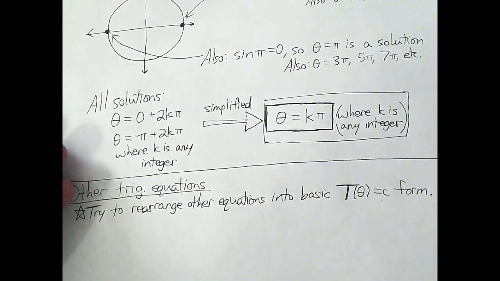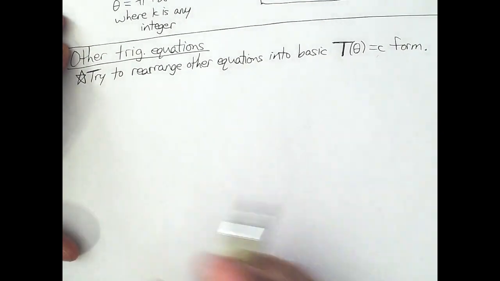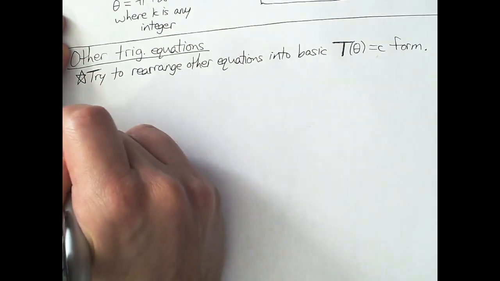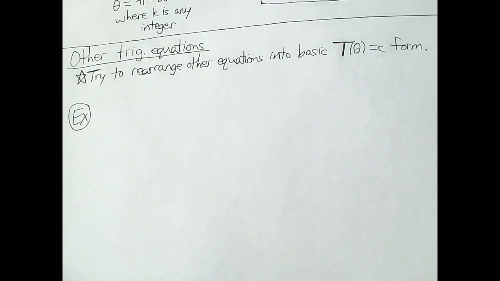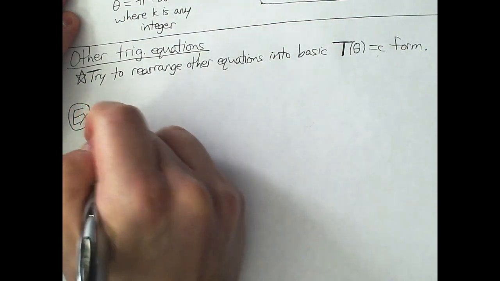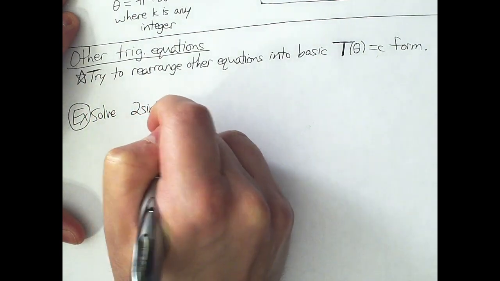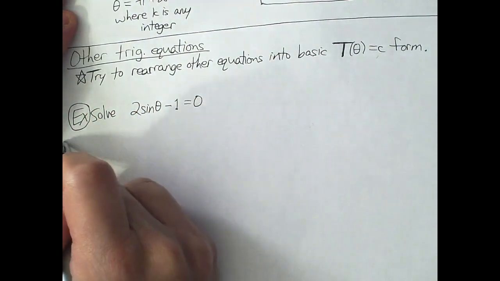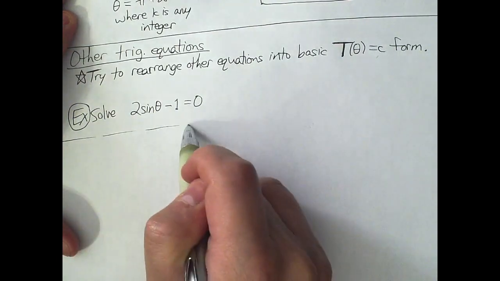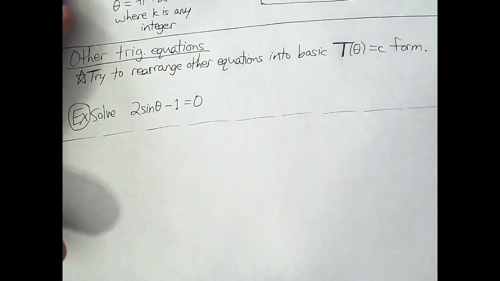So I'll show you an example. It makes sense. If we have something that's in a more complicated form, let's try to convert it to the basic form. So let's say we want to solve 2 sine of theta minus 1 equals 0. This is not in that basic form. It's not like sine of theta equals a constant.